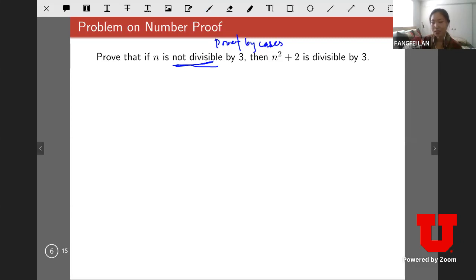Because when it's not divisible by something, you get more than one possibility. If it's divisible by something, you only get one choice, that 3 divides this thing. But if this number is not divisible by something, then you always get multiple cases. So what are the cases? What are the possibilities?